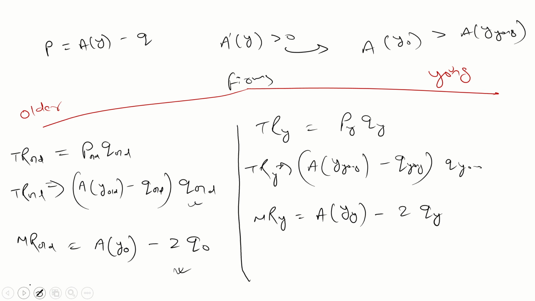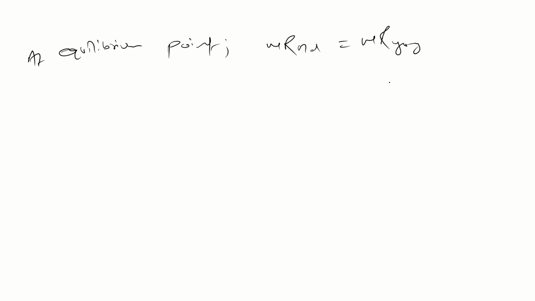After equating these two terms at the equilibrium point, that is MR of old age equal to the marginal revenue of young age, if this could happen, what would be the relation that we will get?